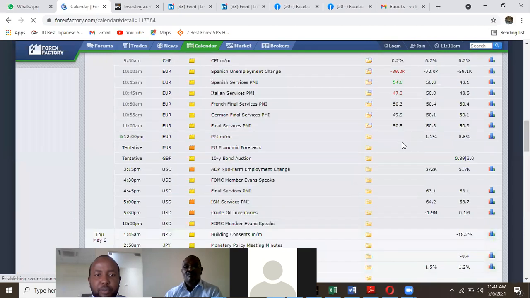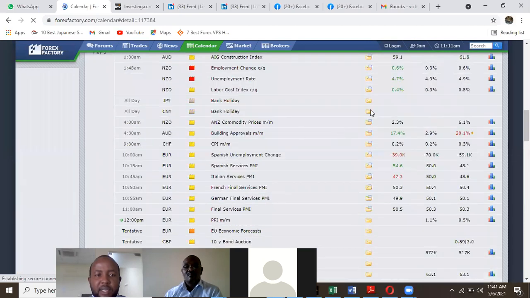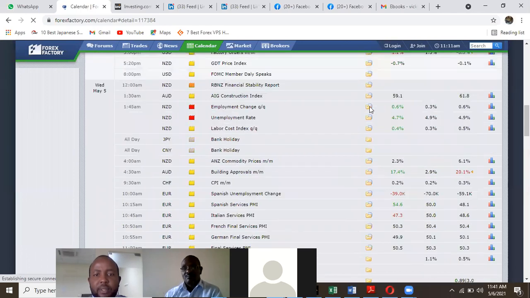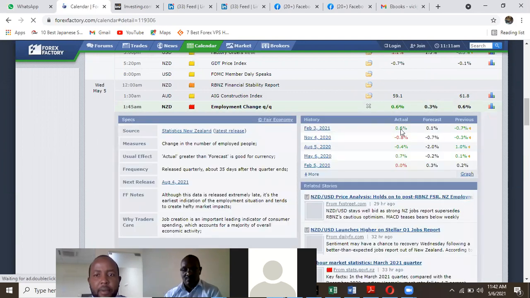This was on Wednesday, yesterday around 1:45 a.m. You can see previous negative 0.7%, forecast 0.1, and the actual came to 0.6%. That basically means the economy is improving in New Zealand, because you can see employment increased by 0.3%. The forecast was 0.3, the actual was 0.6.